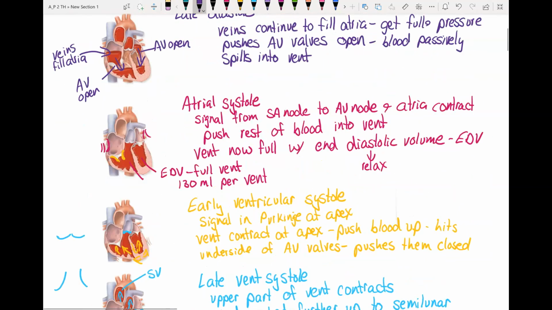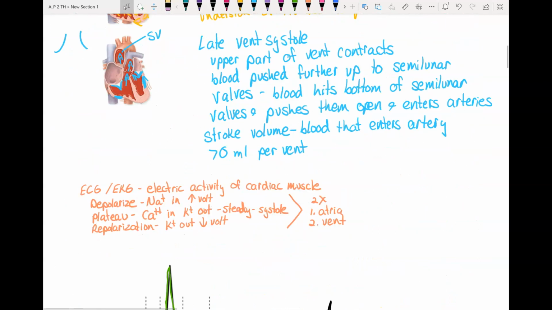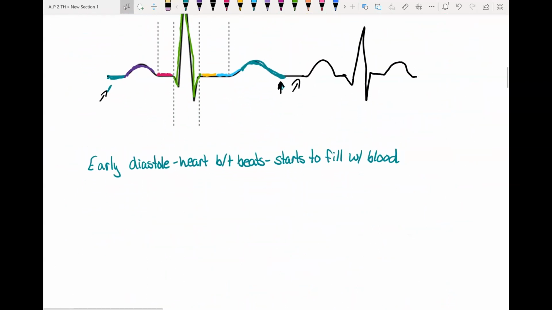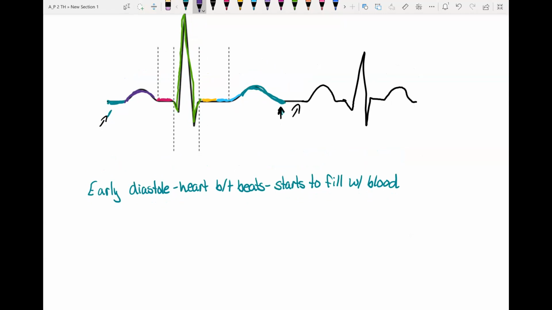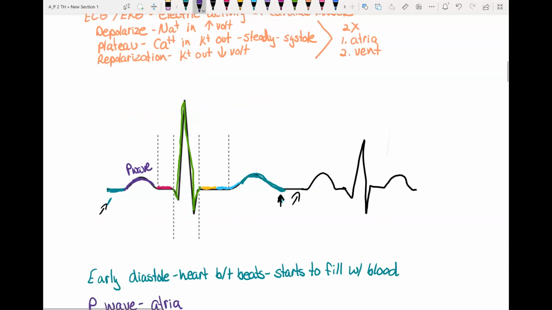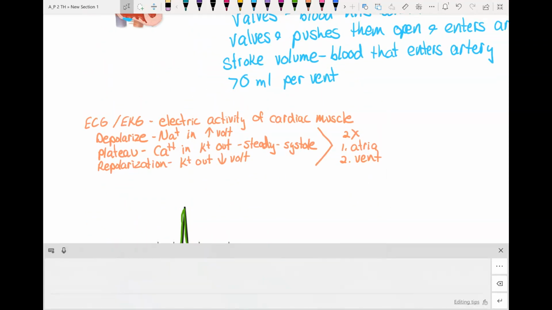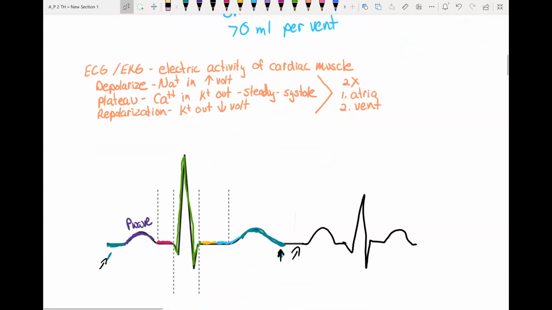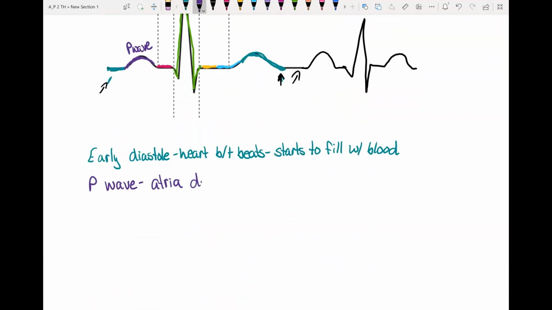Okay. Then we have our late diastole. So that's the purple. So here on the graph, this is the P wave. P wave is the atria depolarize. So remember, depolarization happens before the systole. So just before the atria contract, they have to depolarize. So this is when sodium is entering the myocardial cells of the atria and raising their voltage.